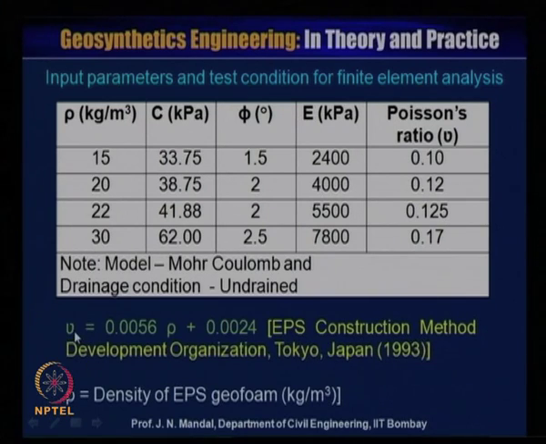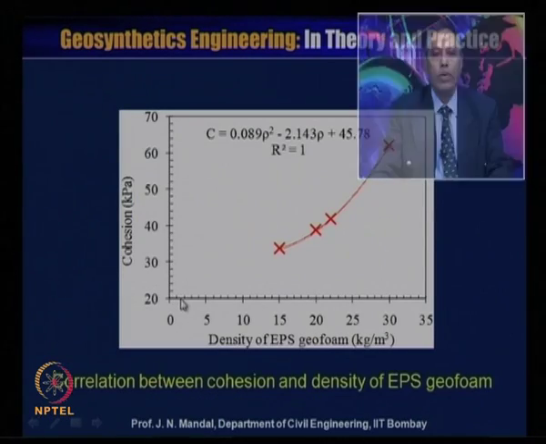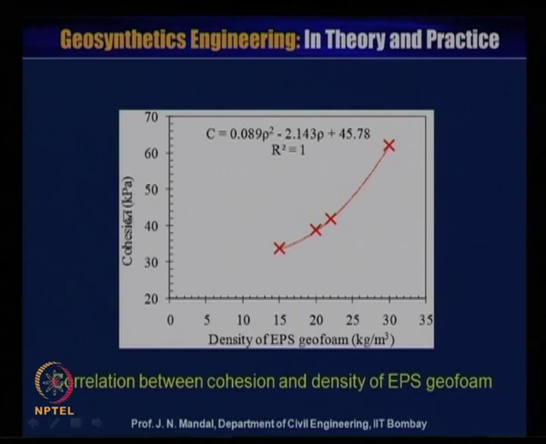And mu, that is Poisson's ratio, is calculated using this equation, 0.0056 rho plus 0.0024, where rho is the density of EPS geofoam in kg per meter cube. This equation is taken from the EPS Construction Method Development Organization, Tokyo, Japan, 1992. These are the input data into this program.